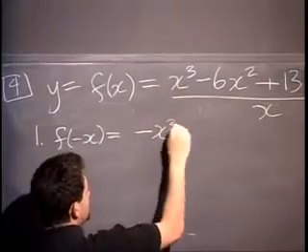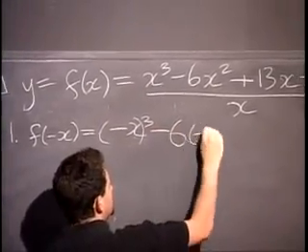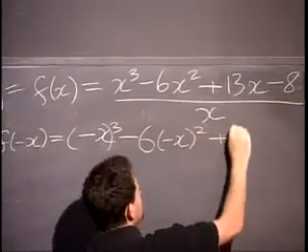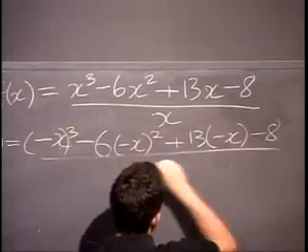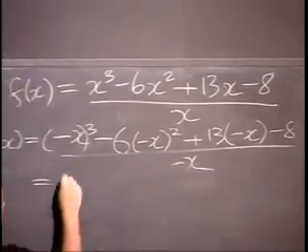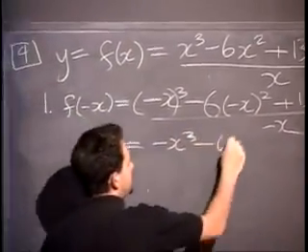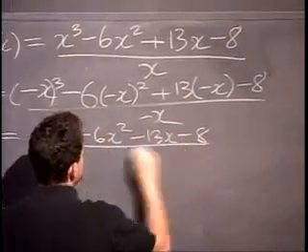You get minus x cubed minus 6 times minus x all squared plus 13 times minus x minus 8, all over minus x. I don't have high hopes for this. Get minus x cubed minus 6x squared minus 13x minus 8 divided by minus x.